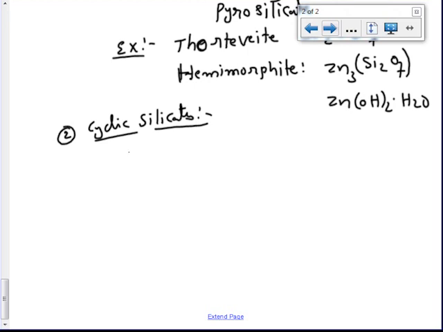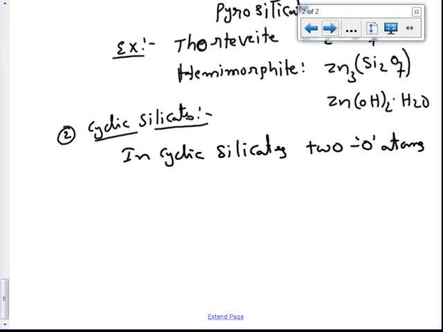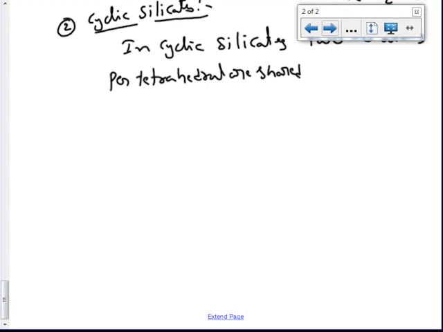So in cyclic silicates, two oxygen atoms per tetrahedron are shared. In each silicate ion, at minimum two oxygens will be shared.